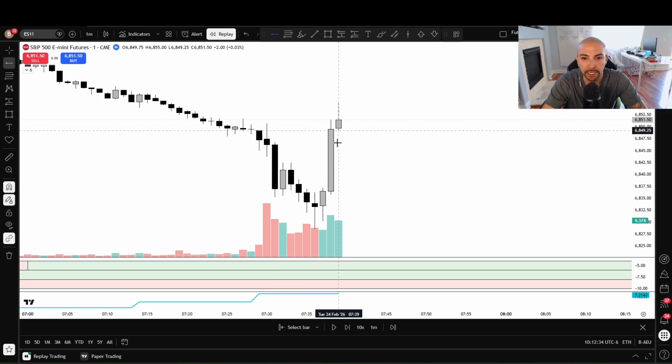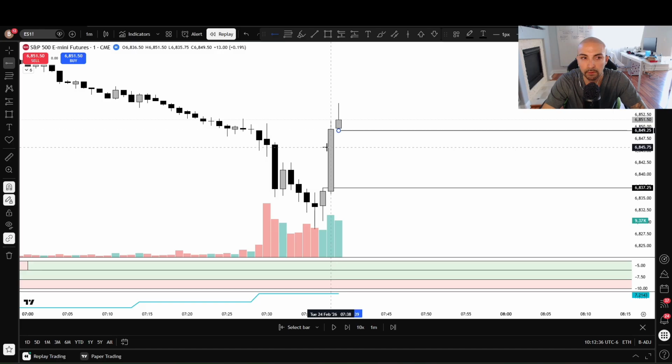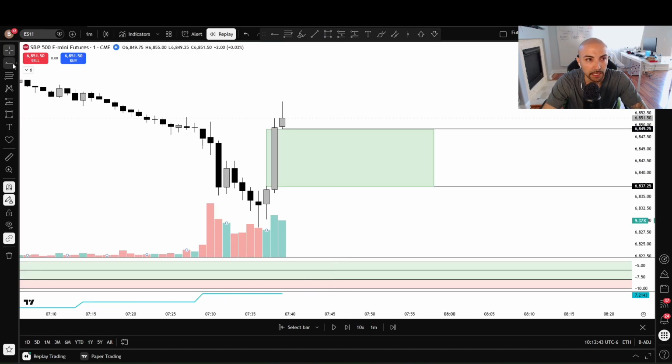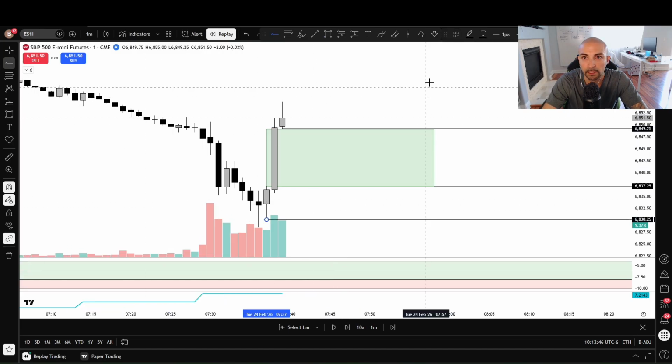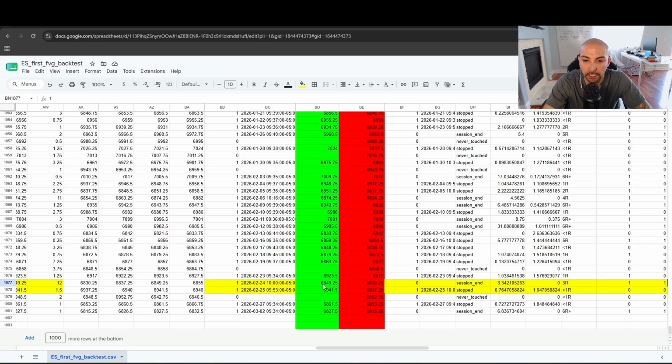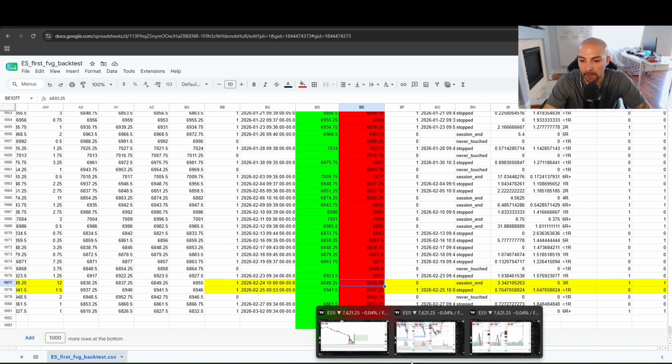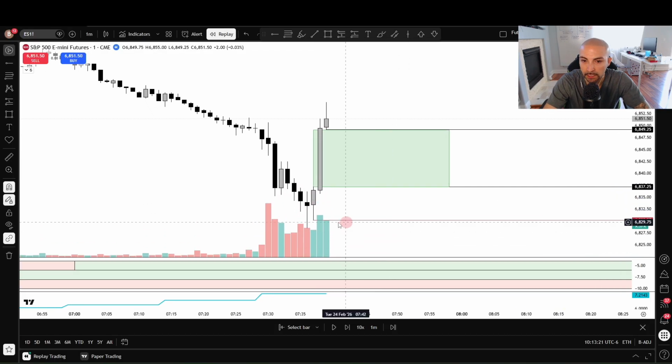Instead, we wait for the next presented fair value gap, which is going to be here. And the invalidation is going to be the low. Let's make this red. And the entry is going to be as soon as we tap into that fair value gap. So for this trade, it shows our entry at 68.4925 and our stop loss at 68.3025, which matches the red line right here, the bottom of the fair value gap.